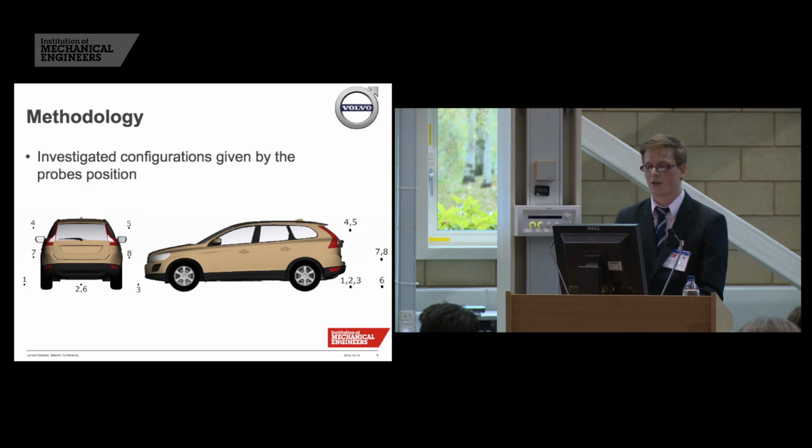Looking at some of the configurations which were investigated, I wanted to stay close to the same wake planes as I took during my experimental work. So I took two transverse planes. The first is 100 millimeters behind the car, where I took 5 points, 1, 2, 3, 4, and 5, spread out over the complete area of the plane.